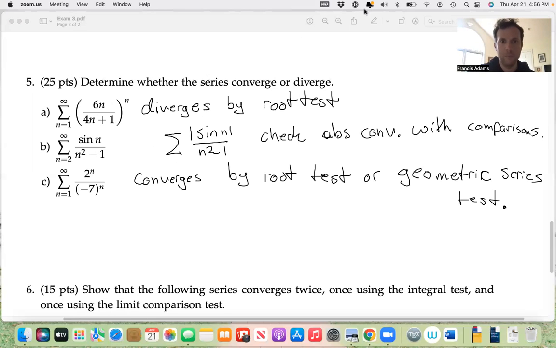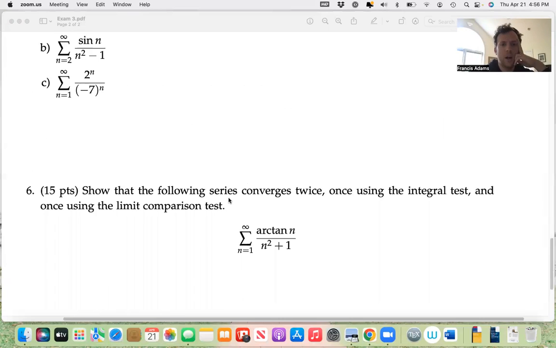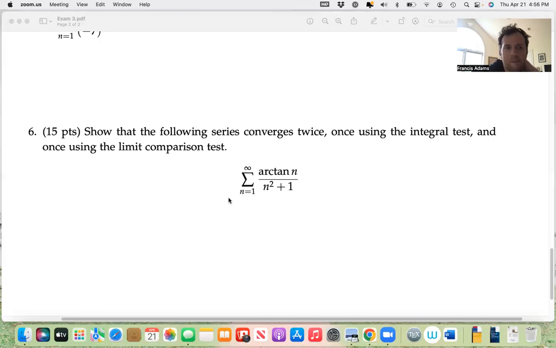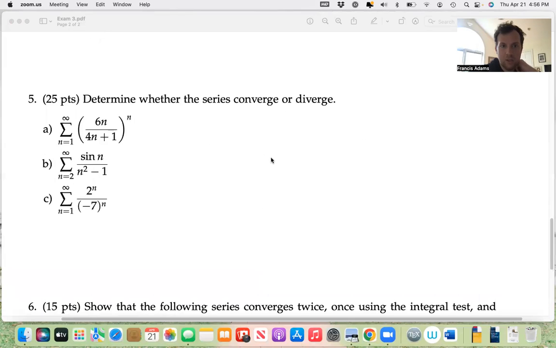Okay. And so I think as a last thing to do, we can talk about number 6 and these two different tests.